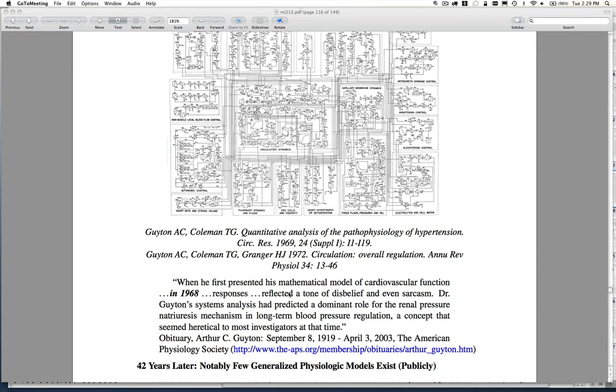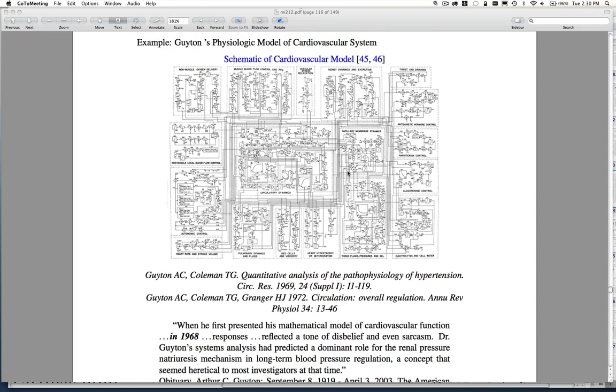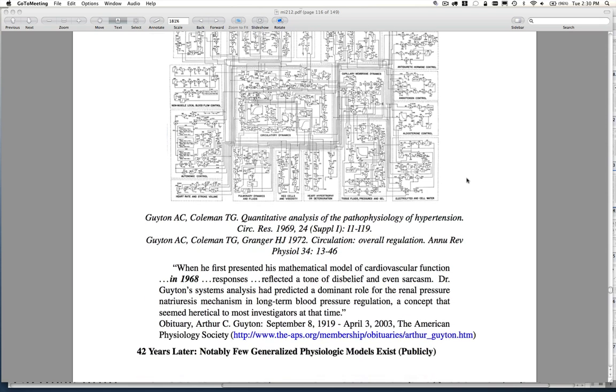When he first presented this mathematical model, responses reflected a tone of disbelief, even sarcasm, and this was a very well-respected researcher. And so he had actually predicted this role of renal pressure mechanisms within blood pressure regulation, which today we take for granted. But at the time, he was more or less laughed at for developing this from this really remarkable model, especially given the fact that it was 42 years ago on minimal compute resource.